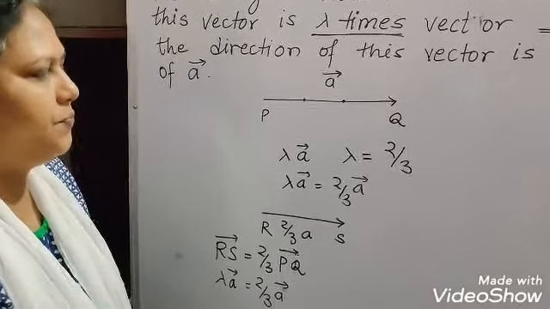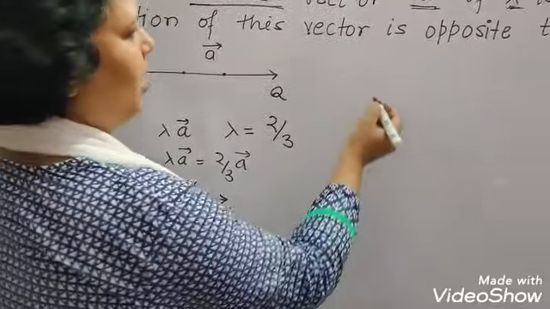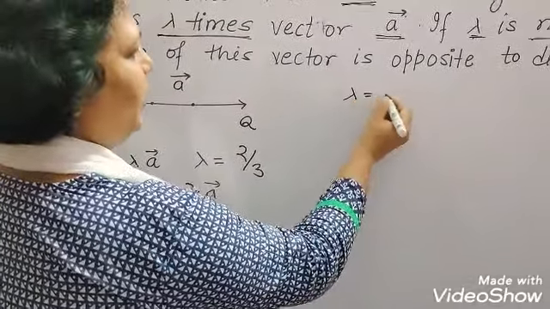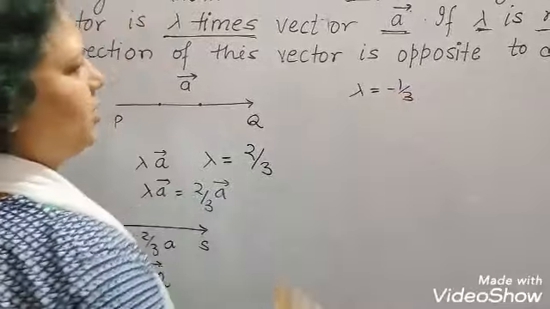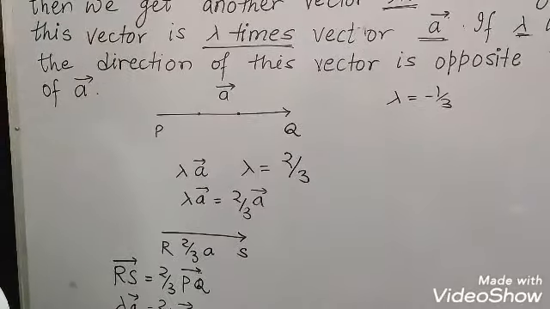Now for example, suppose this time we are taking lambda as a negative number, minus 1/3.